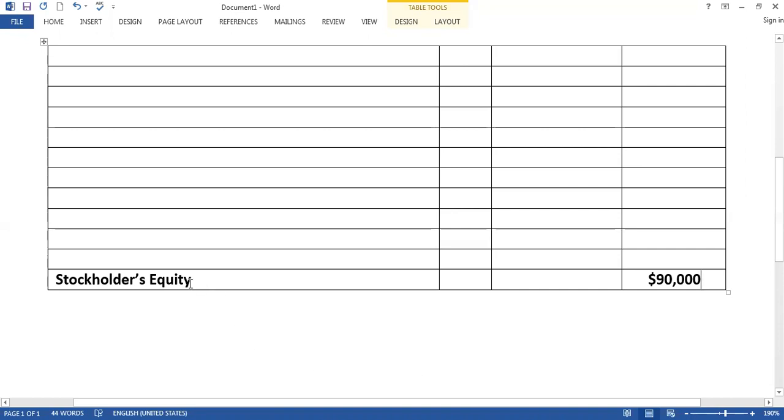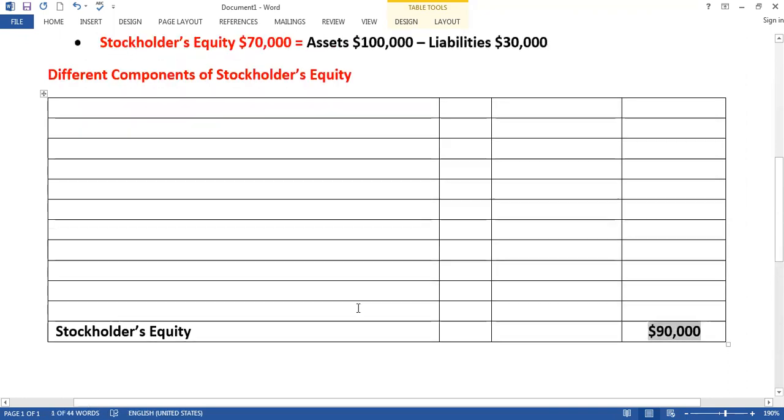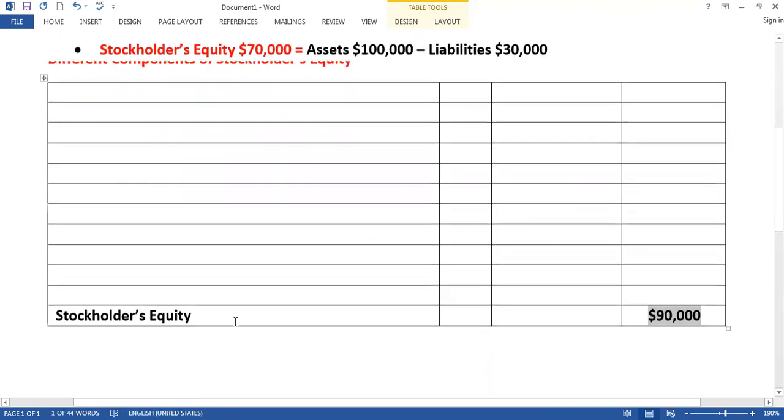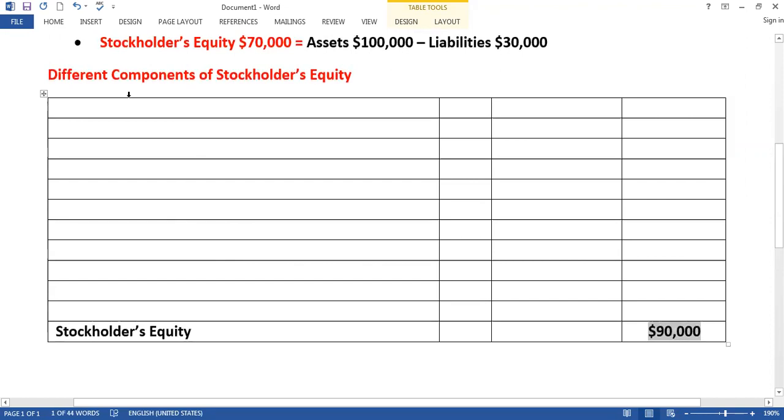That means the shareholder is going to receive this money. Now, where did this money come from? Because this account includes several components.